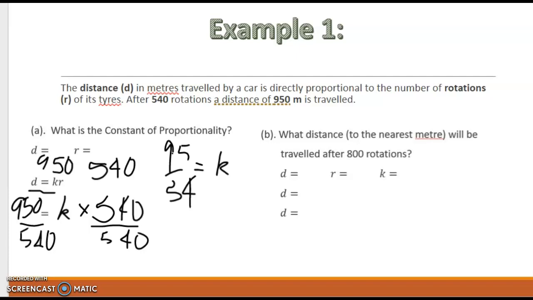So what distance to the nearest meter will be travelled after 800 rotations? Okay, so our new equation that we're going to write down, instead of D equals KR, K, remember, stays the same. So it's D equals 95 over 54 times R, and that's our new equation.